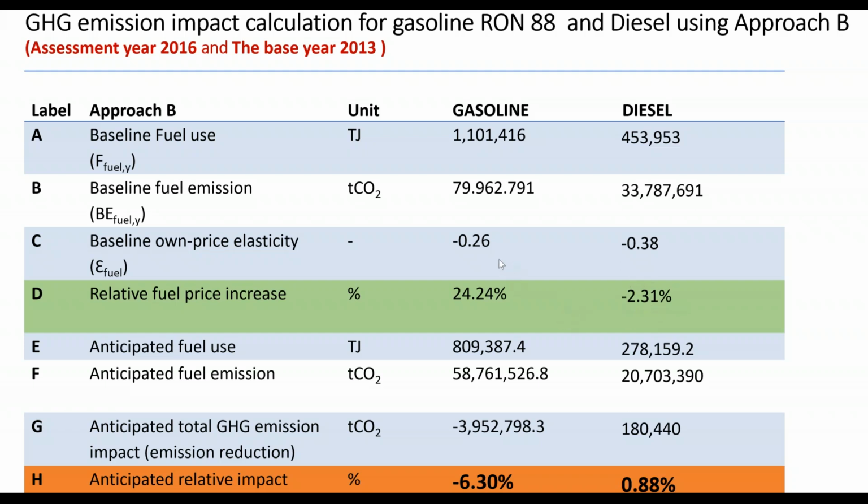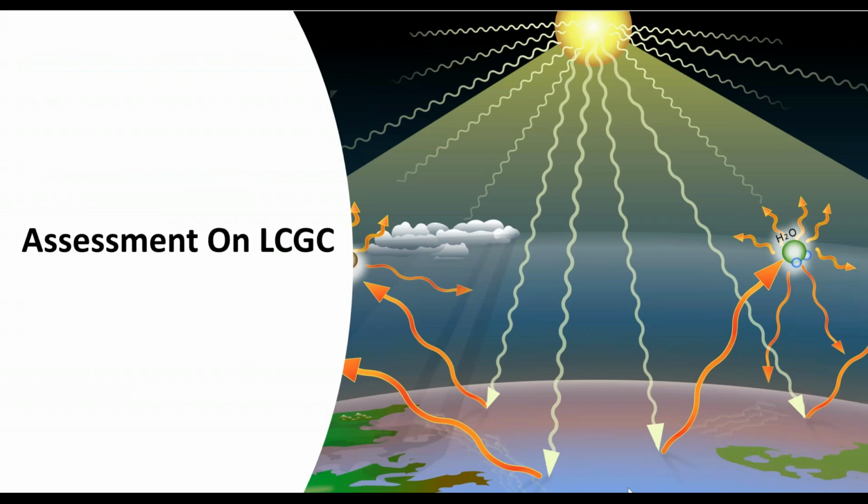So the impact of the fuel pricing policy is that we got a 6.30% reduction in GHG from 2013 up to 2016. For diesel, the impact is still positive, meaning that GHG emissions are still going up, because we still have the subsidy for diesel.